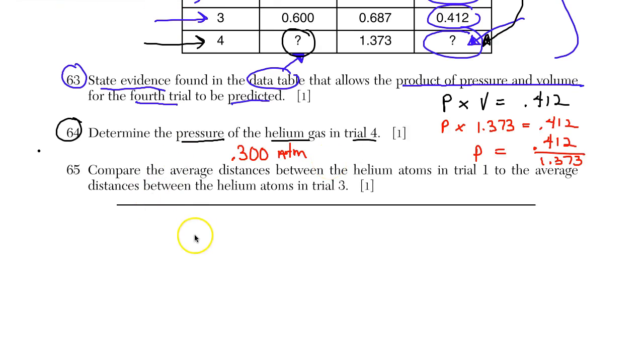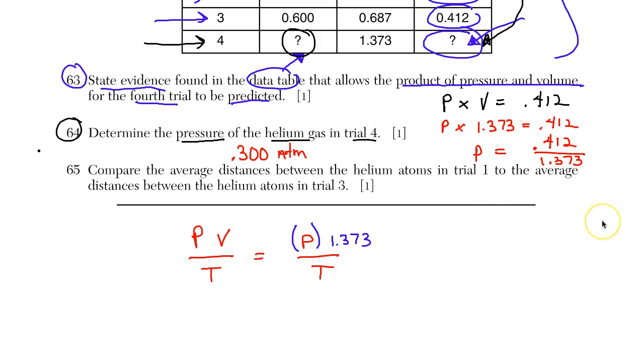What we learn in the gas law: P1V1 over T1 equals P2V2 over T2. Now we're solving for this scenario where the volume is going to be 1.373, so let's put that volume there. We're going to solve for this P.